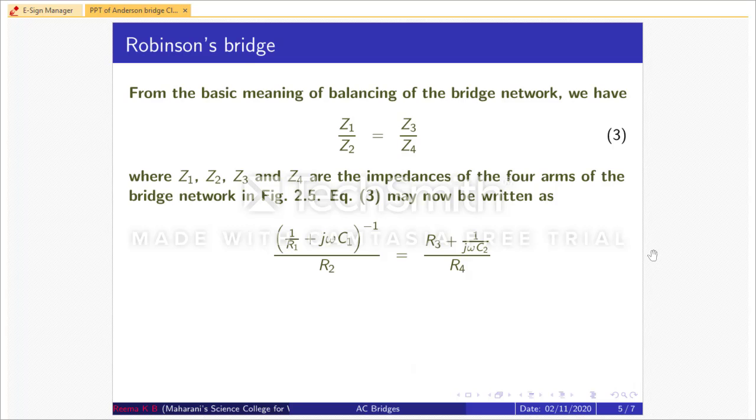Equation 3 may now be written as (1 by R1 plus j omega C1) whole to the power minus 1 divided by R2, which is equal to (R3 plus 1 by j omega C2) whole divided by R4, or R1 divided by (1 plus j omega C1 into R1) times 1 by R2, which is equal to (R3 minus j by omega C2) divided by R4.